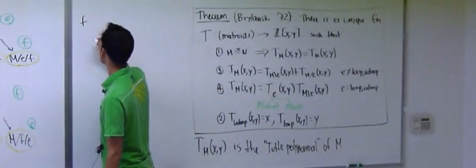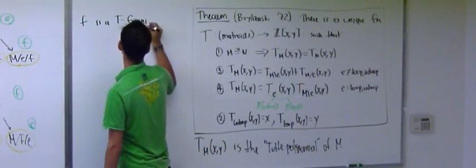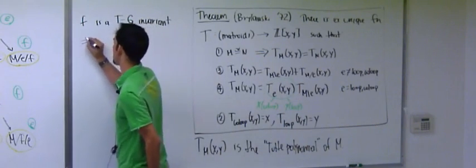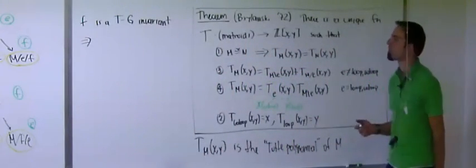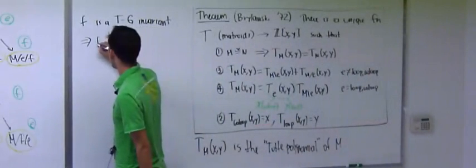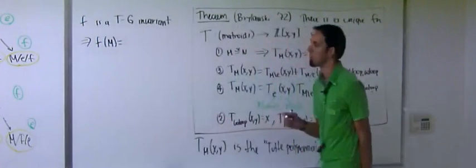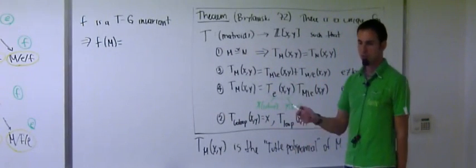Let's say that f is a Tutte-Grothendieck invariant, meaning f is any function that satisfies the deletion-contraction recursion. Well, then, if you want to know what f of m is, then you just have to know what f of a co-loop is.